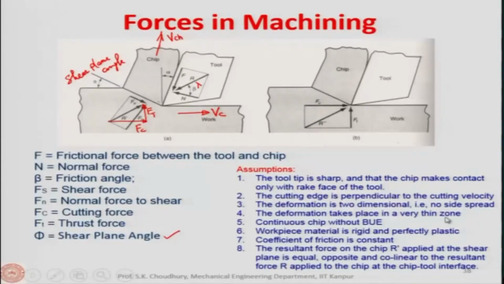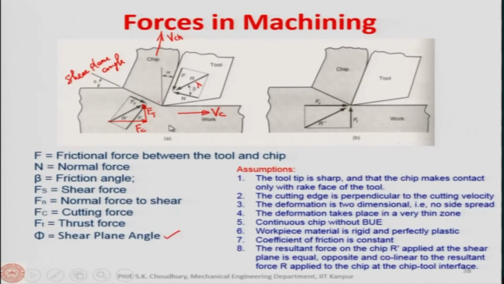The deformation takes place in a very thin zone. So, this we always indicate by a line, all right, and we say that this is the shear plane angle, and this is the shear plane along which the plastic deformation occurs.